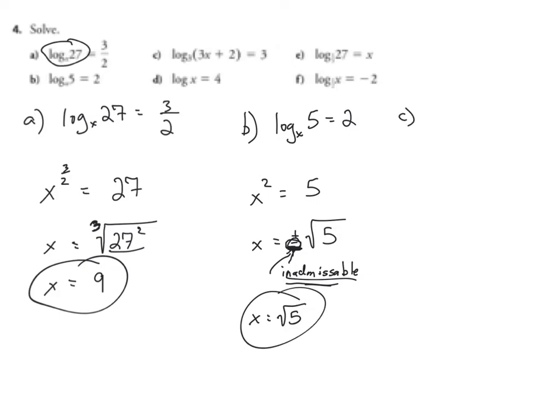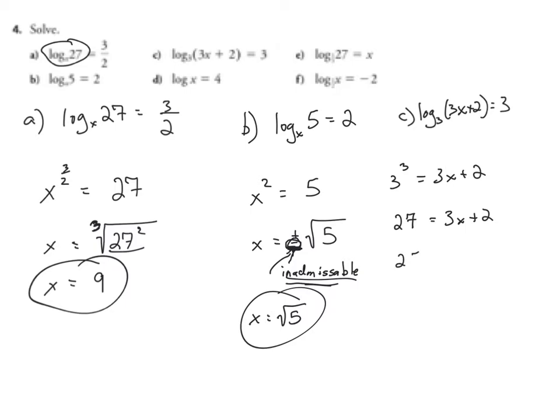Part C, log with a base of 3 of 3x plus 2 equals 3. All right, so I know that 3 to the power of 3 has to equal 3x plus 2. And so 3 to the power of 3 is 3 times 3 is 9 times 3 is 27 equals 3x plus 2.